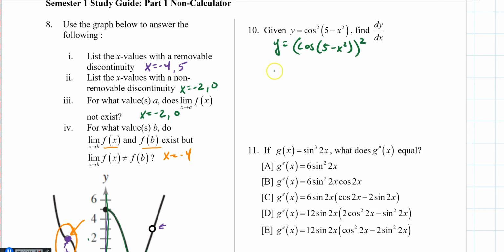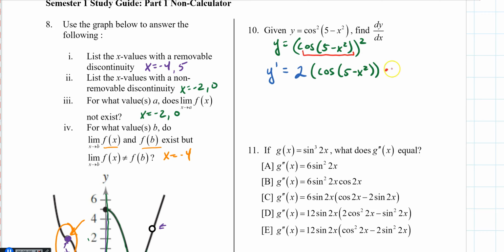We're going to start with y prime is equal to 2, and I'm going to use different colors so we can see what's going on here. Cosine 5 minus x squared, and now I'm to the first power, so I took the derivative of the outside, times, now I move inside one step, so that's going to be the derivative of the cosine of 5 minus x squared.